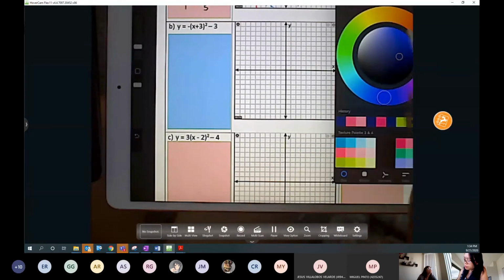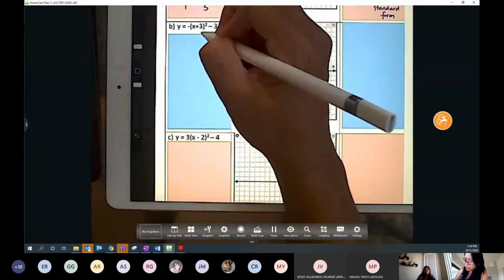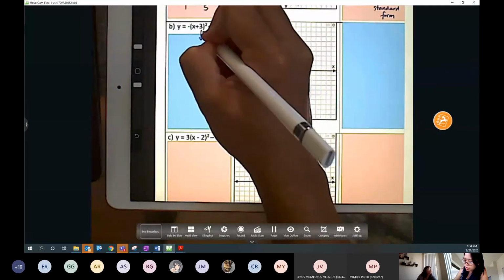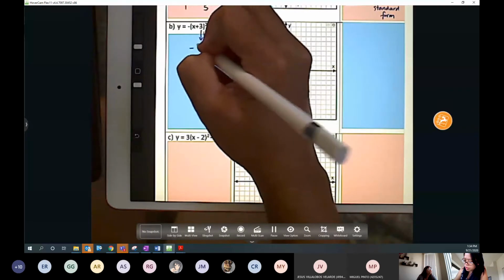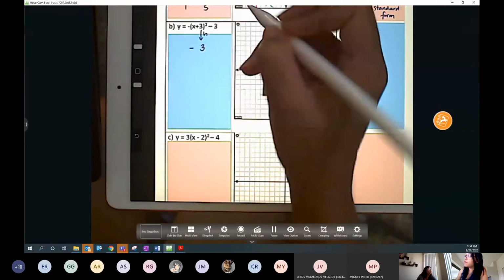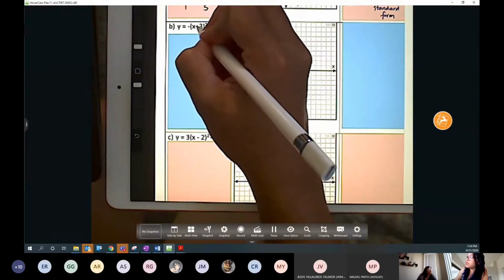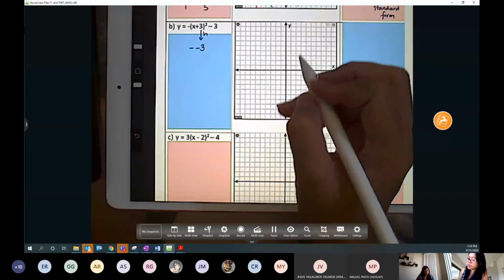We're given vertex form, therefore, we're gonna start by getting the vertex. The vertex should always be a minus. So I need another negative so that this becomes a +3.